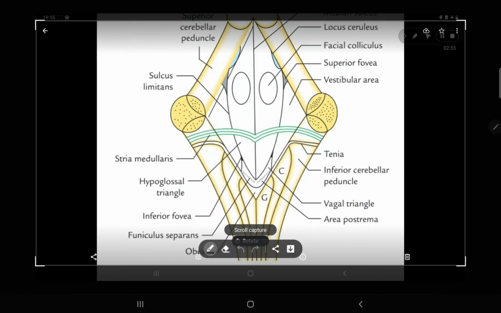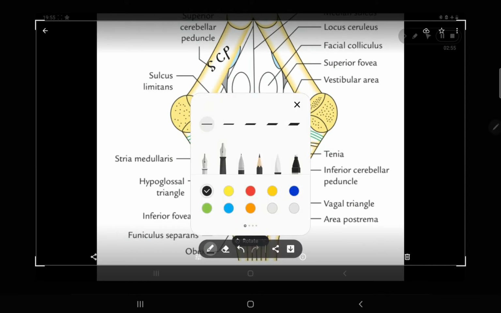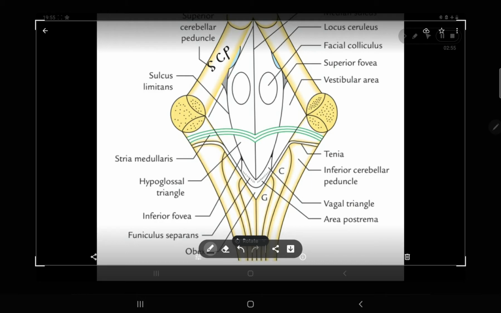In this diagram, this is your superior cerebellar peduncle. Your cerebellum is attached to your brainstem via three peduncles: two superior cerebellar peduncles, two middle cerebellar peduncles, and two inferior cerebellar peduncles. Here you can see one superior cerebellar peduncle, and on this side also one superior cerebellar peduncle. I am writing SCP for superior cerebellar peduncle.